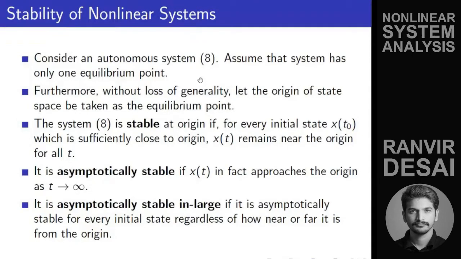If that region is very large, let's say radius is 100, or no radius in particular, it means it is stable for any point you take on the plane. Any point you take as the initial condition for that system, it will take a trajectory, and it will go towards the origin. Then it is called asymptotically stable in large.